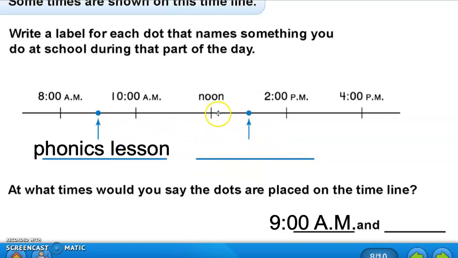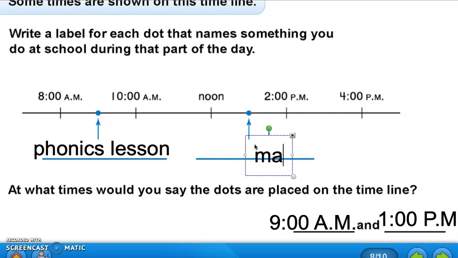And now this dot is going between noon and 2 p.m. So 12 o'clock p.m. and 2 o'clock p.m. So this one we could probably say is showing about 1 o'clock p.m., right? And so what are some things that we would do at 1 o'clock p.m.? All right, we pretty much just had lunch, so now we're in between 1 o'clock p.m. and 2 o'clock p.m. Maybe we're doing some math, right?